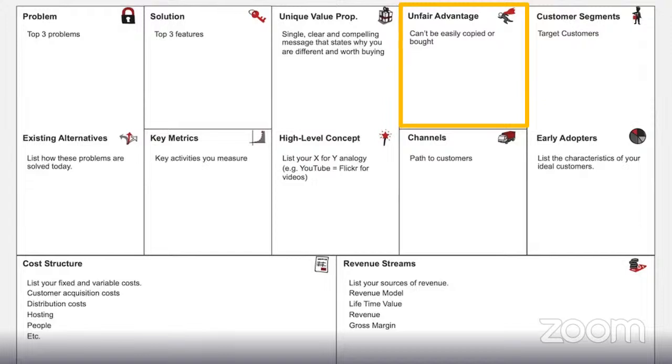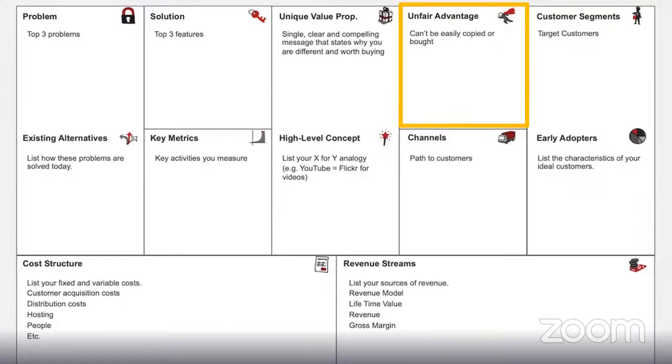If you don't, this will be a real challenge, because most people will start copying you as soon as you have a little glimpse of success. So it's really important that you focus on having an unfair advantage, something that others cannot copy easily. It can be copied, but not easily, so you have limited competition.